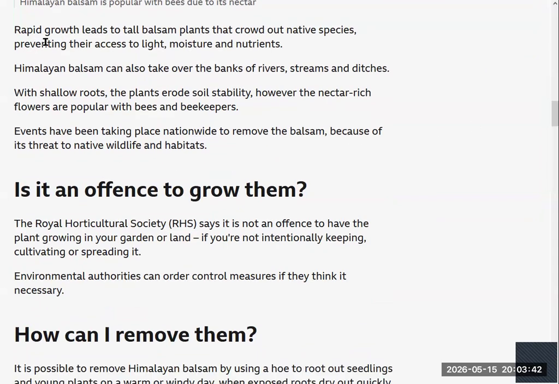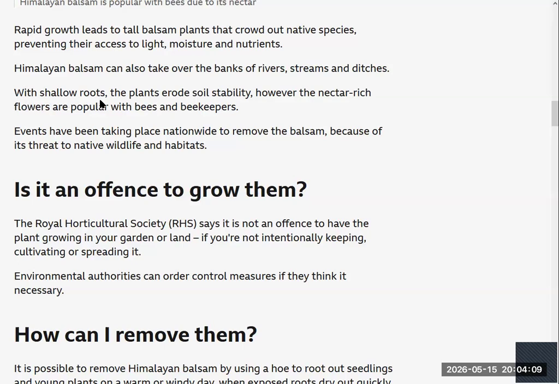So rapid growth leads to tall balsam plants that crowd out native species, preventing their access to light, moisture, and nutrients. Himalayan balsam can also take over the banks of rivers, streams, and ditches.